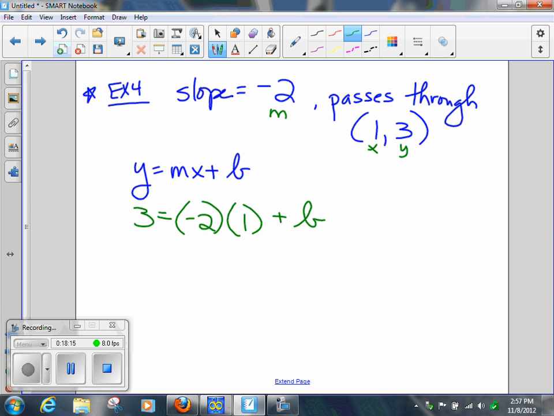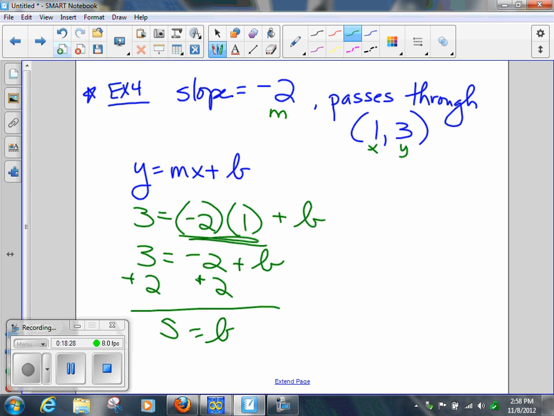All right, here we go. 3 equals negative 2 plus b. Add 2 to both sides. 5 is equal to b, yes? Okay, what do I do now? Just rewrite.